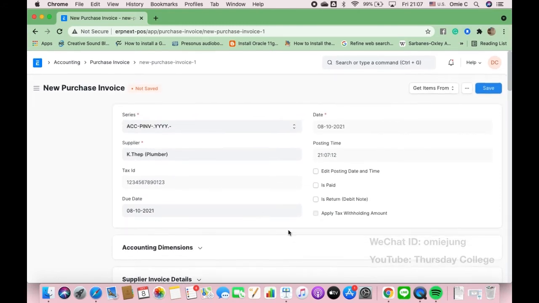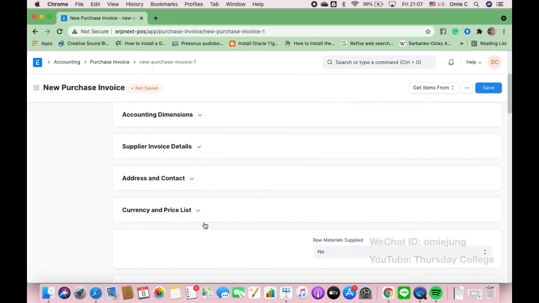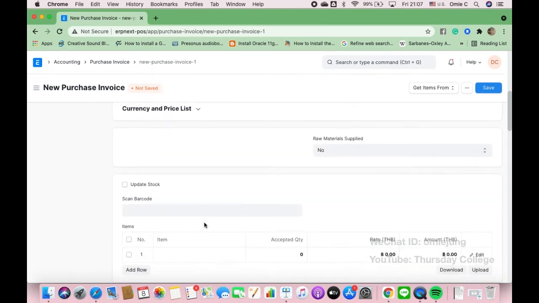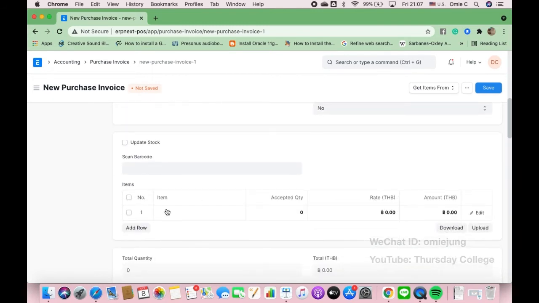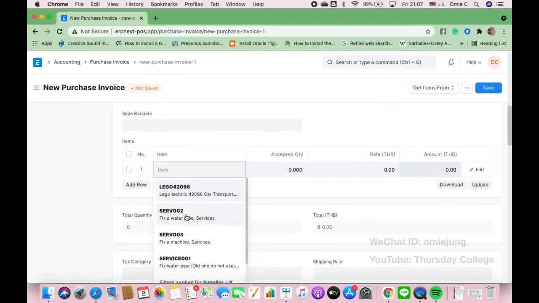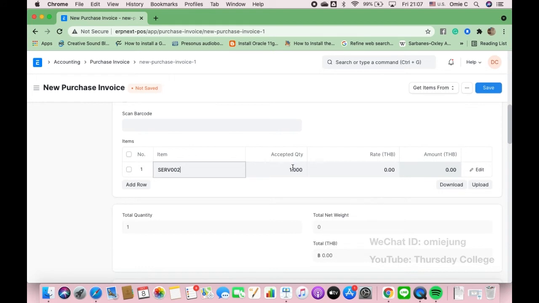We didn't need to use the tax withholding amount because we're just doing transaction by transaction. In the item, we go to fix water pipe, and then the rate is 1400, like this.